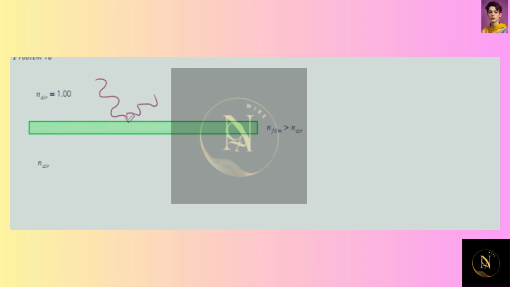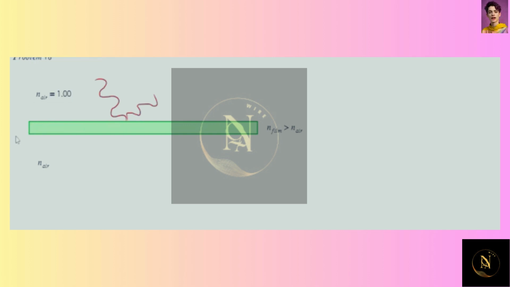When the light goes into the boundary, it's going to be refracted, but since this is a thin film, we could disregard that refraction, and we could just treat the distance traveled by the light as the thickness of this film. So that thickness, we could call it T for the thickness of the film.